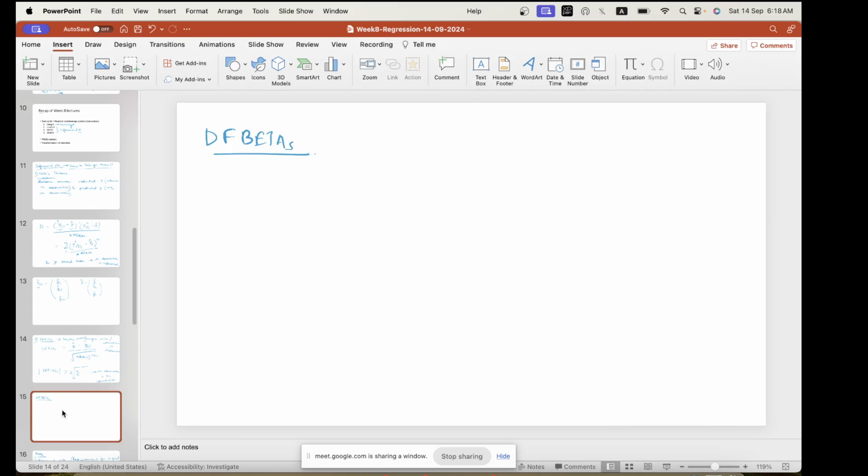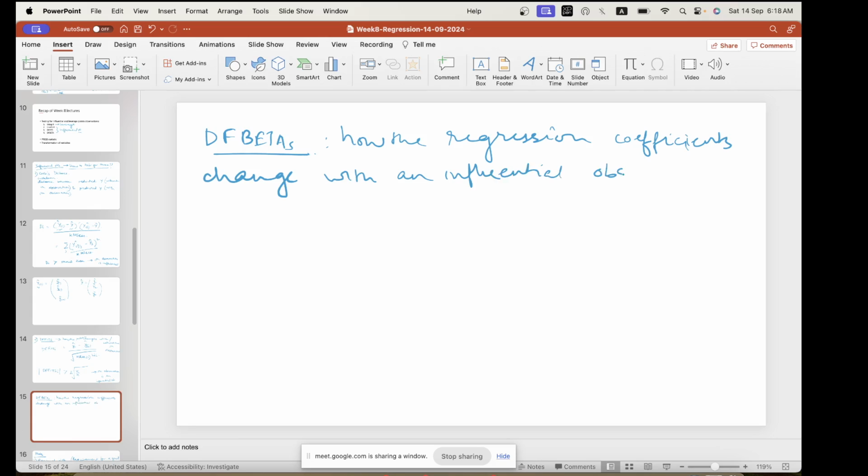So if we really want to assess how the regression coefficients change with an influential observation, we will assess DFBETAS.